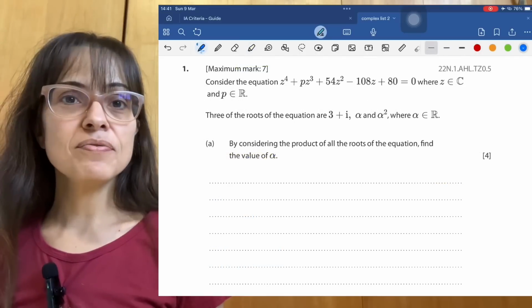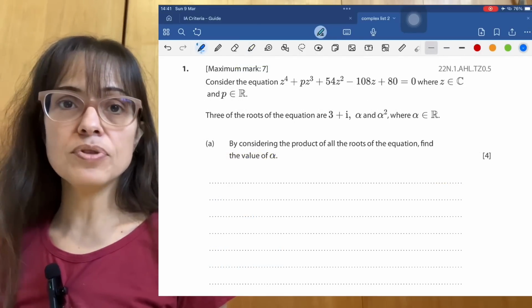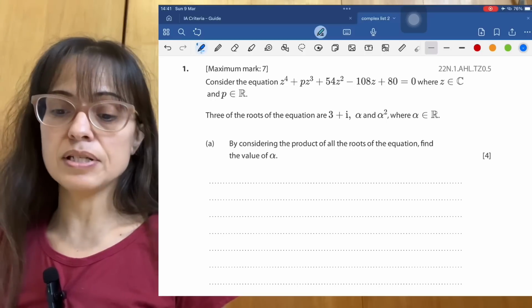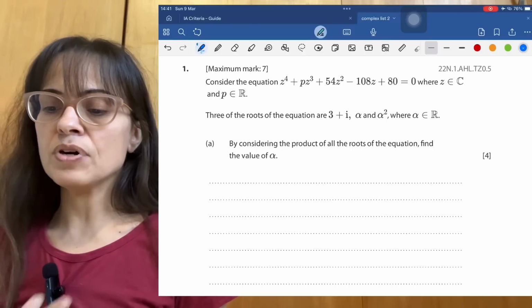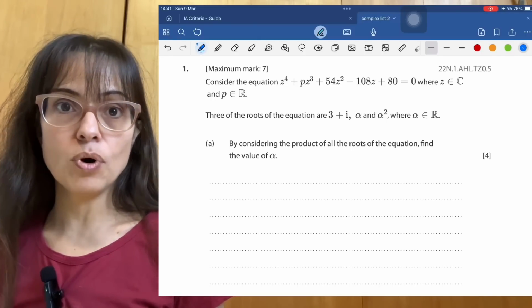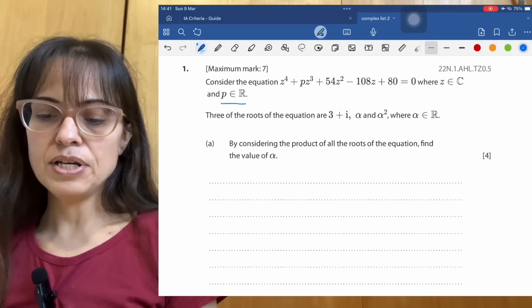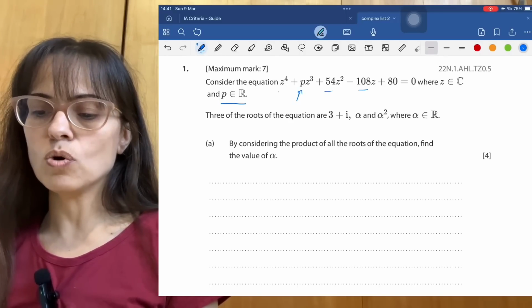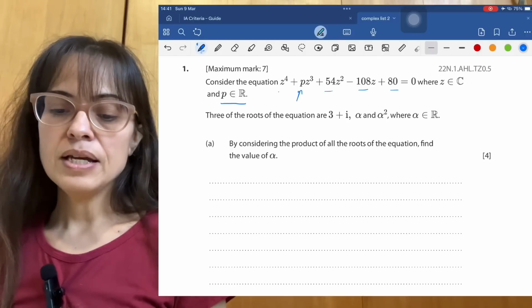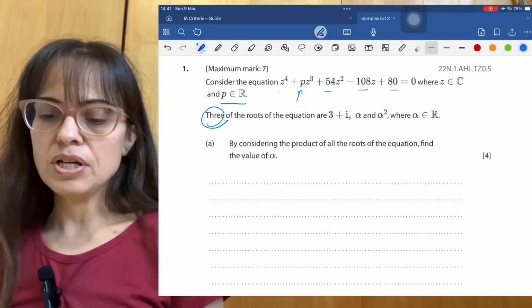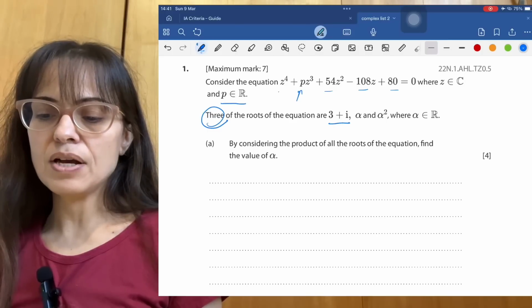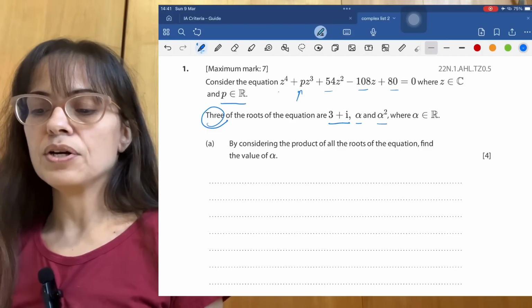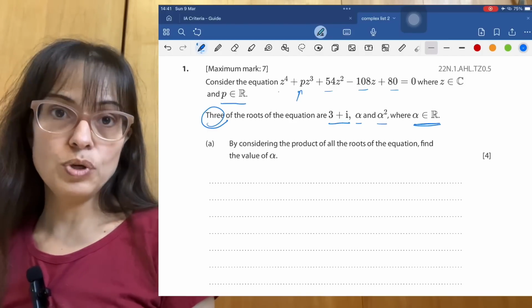So anyway, here's a very good example of how this type of thing appears in exam questions. You have a polynomial of degree 4. This p in R here is one of the coefficients, and the other ones I can already see that they are also real numbers. And he gives us 3 of the roots. He gives us this complex number and then an alpha and alpha squared that are going to be real roots.